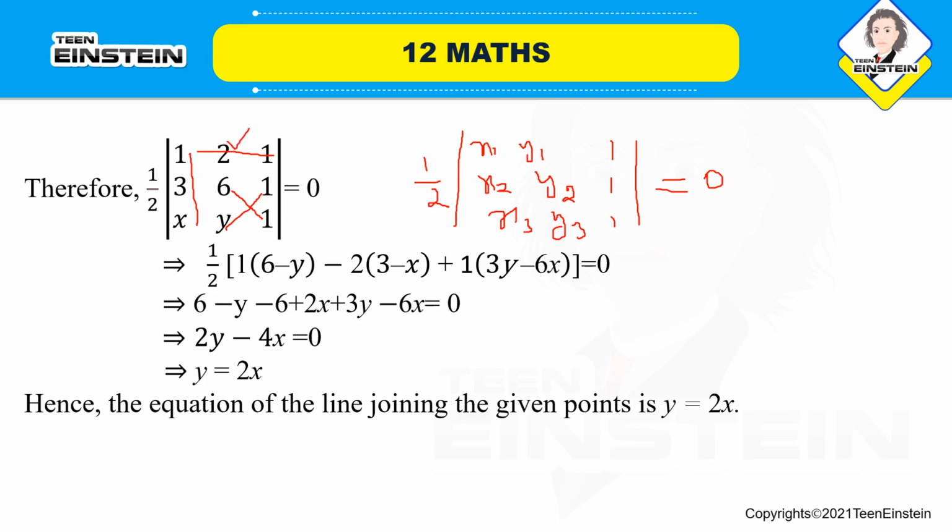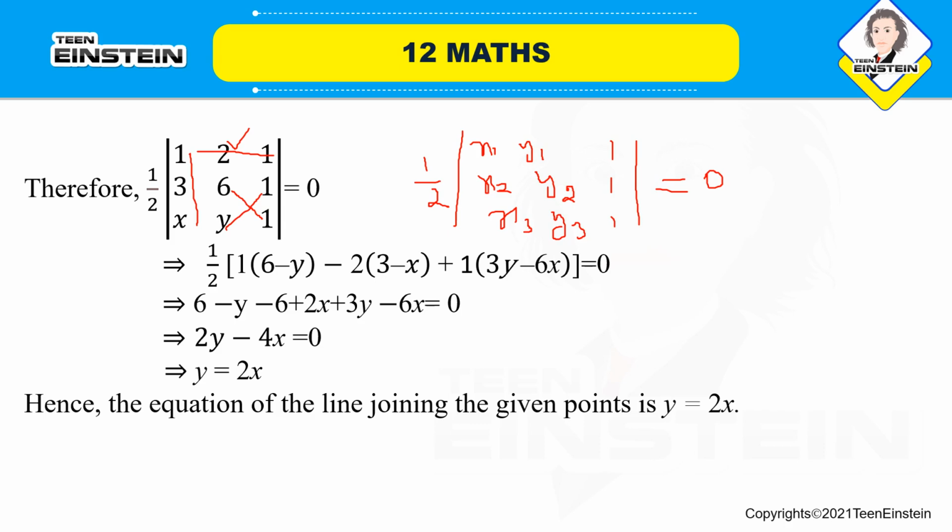Next for the 1, 2 position, we have minus sign. So minus 2 into, if we delete the row and the column having the element 2, then we will be getting 3 minus x. Then for the 1, 3 position, we have positive sign. Here we have the element 1. So 1 into, in the downward arrow this is 3y, minus, in the upward arrow minus 6x. So 3y minus 6x equal to 0.